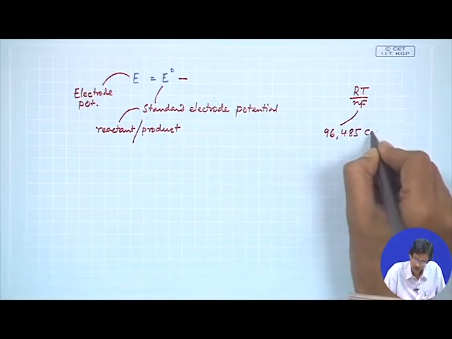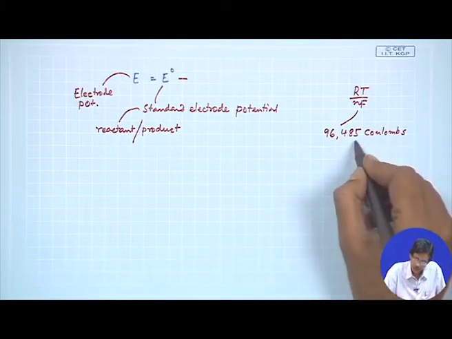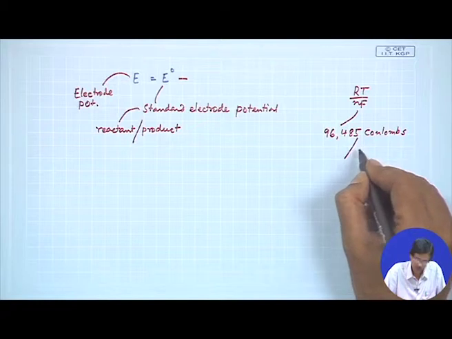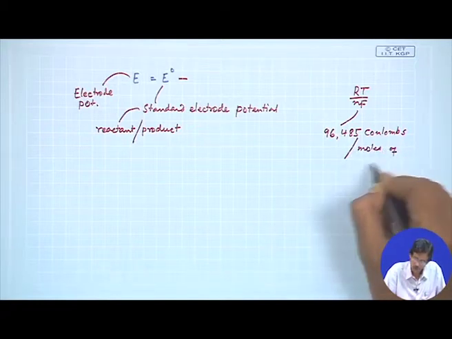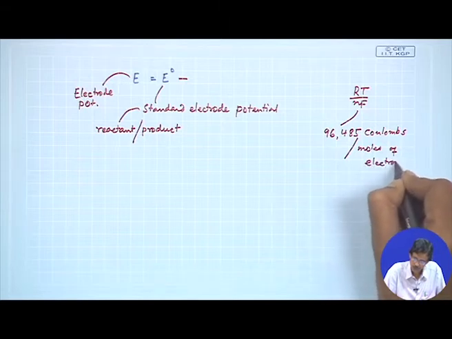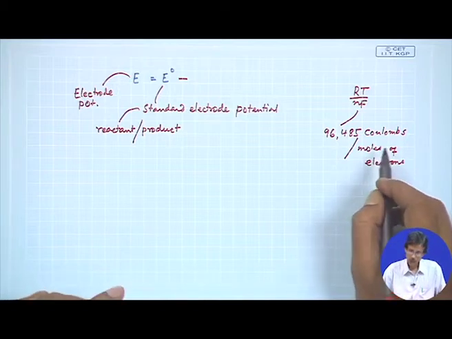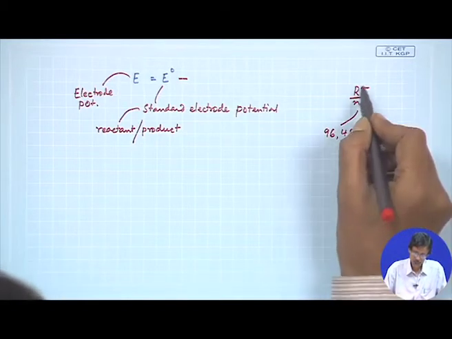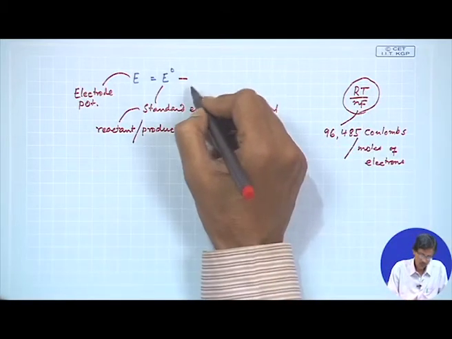F is your Faraday, which is 96,485 coulombs, carried by a mole of electrons. When the electron charge is multiplied by the Avogadro number, we get this number of coulombs for this particular constant, and we can use it here.